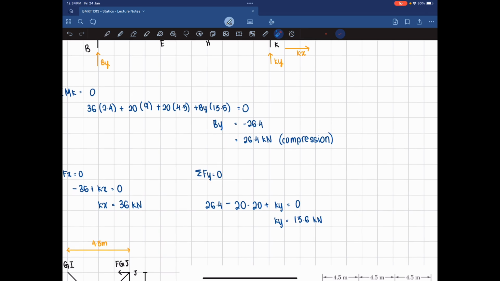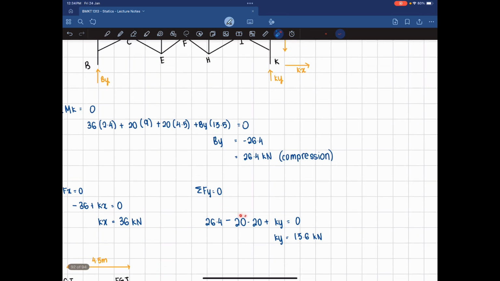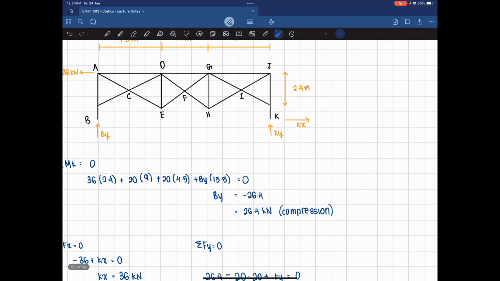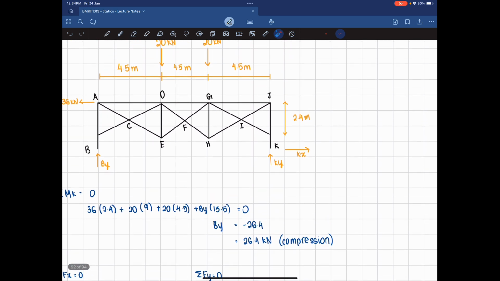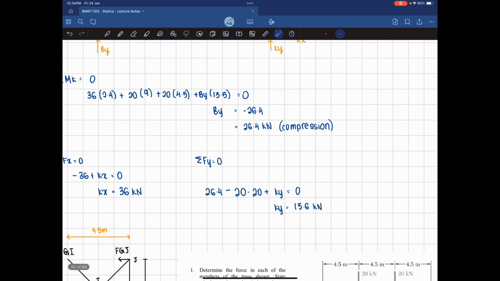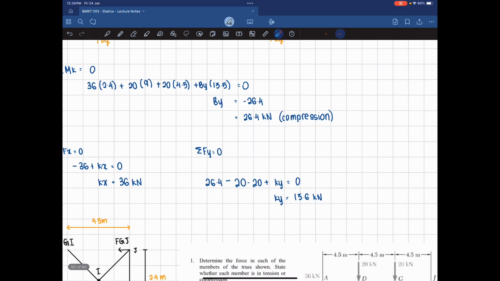Then we add KY equals 0, and putting this in the calculator, we get KY equals 13.6 kilonewton.